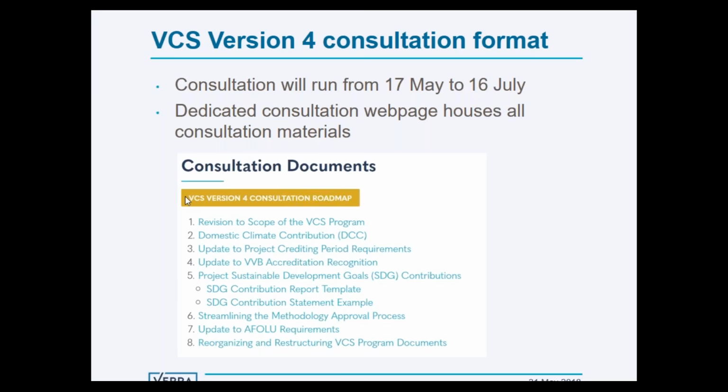The other option, again, depending on the feedback that we receive, is of course to run a second consultation. If we find that the feedback is such that we need to make substantive changes to some of these proposals, we will obviously take that into account, update the proposals, and then put those back out for likely another 60-day consultation period, and then we'll go from there.